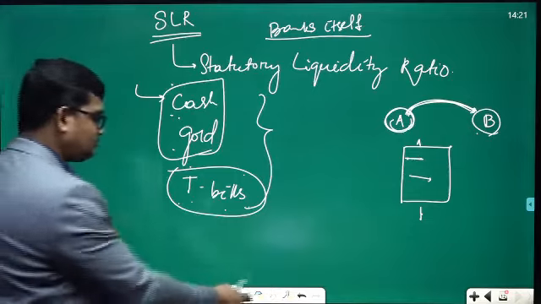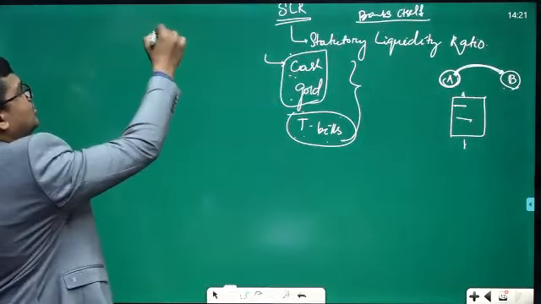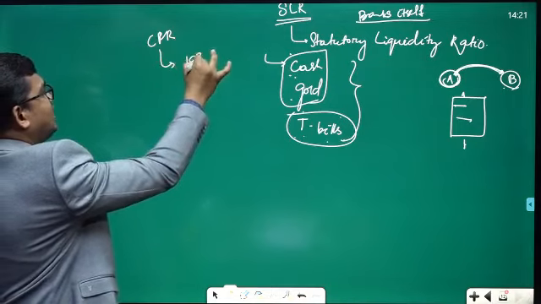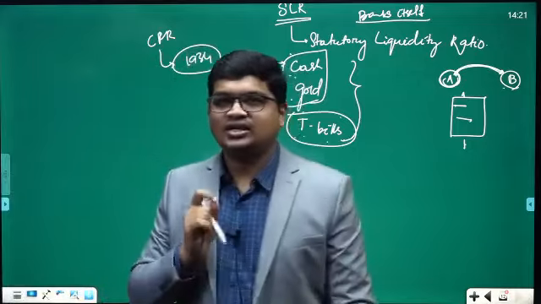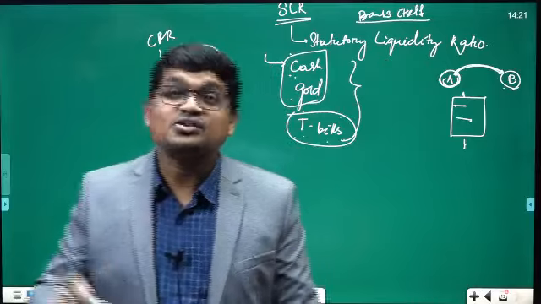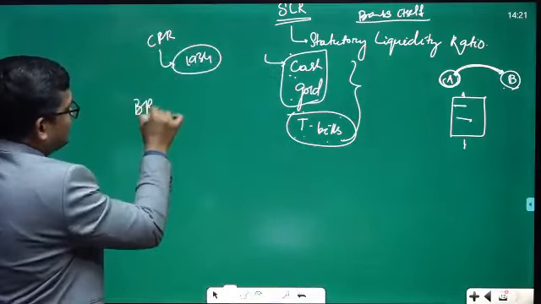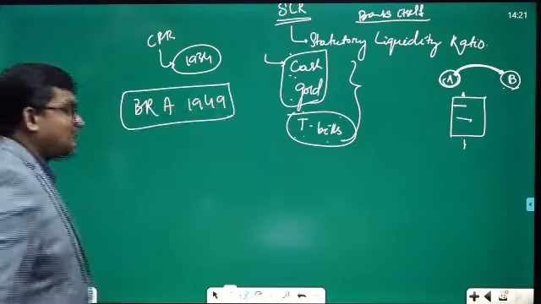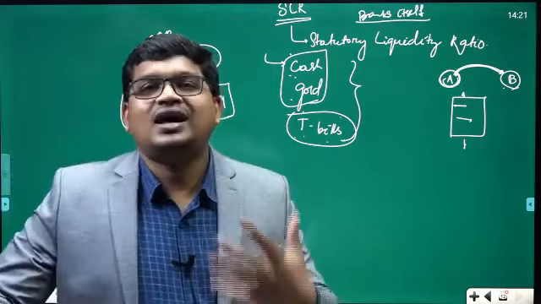Now, coming to the next part. In the case of CRR, we have seen that as per the 1934 Act, every scheduled commercial bank must maintain the CRR. But in the case of SLR, it is the Banking Regulation Act 1949 that mandated that every commercial bank will keep such an amount as SLR.